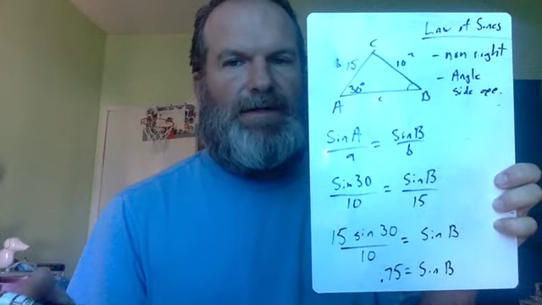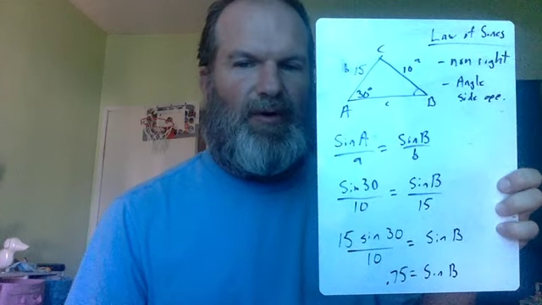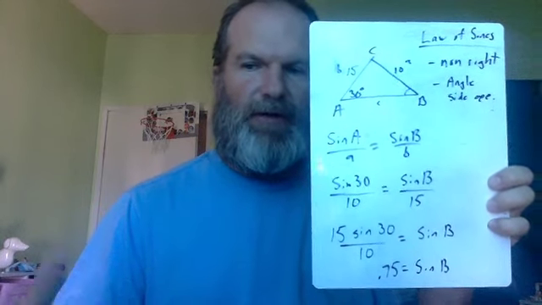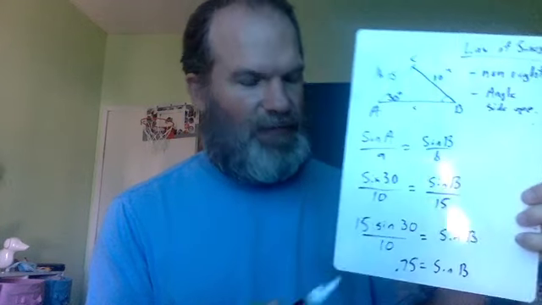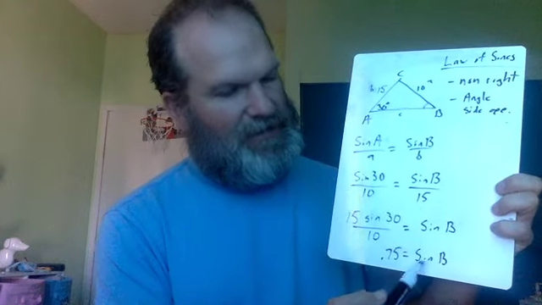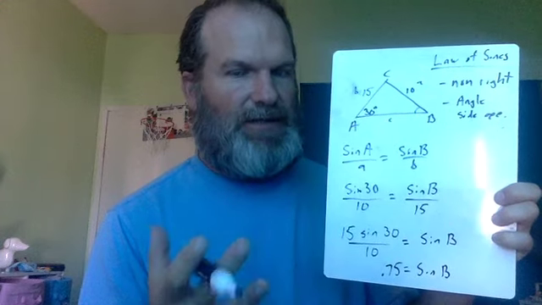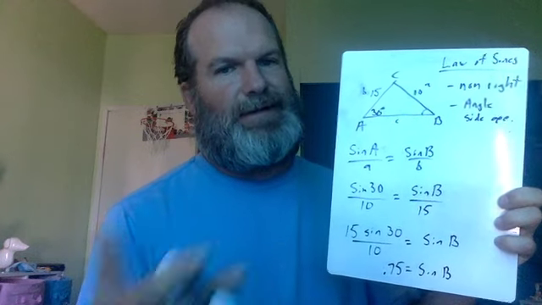We want to know what is the angle measure of b. And remember back to when we did trig right after Christmas break, and we had to find a missing angle. If you want to find what b is, you've got to get sine to the other side. And when you separate sine from its angle, it turns into inverse sine, the -1. So it's actually inverse sine to the -1 of 0.75 equals b.